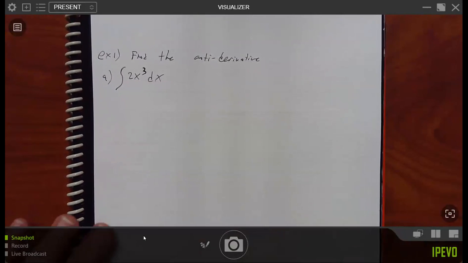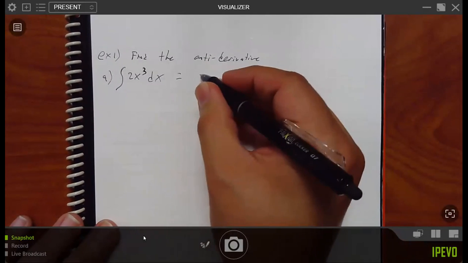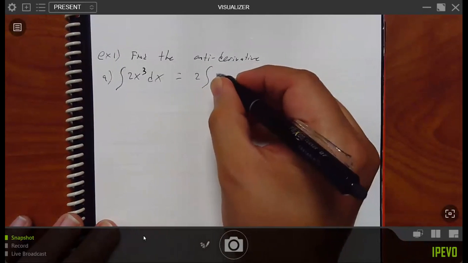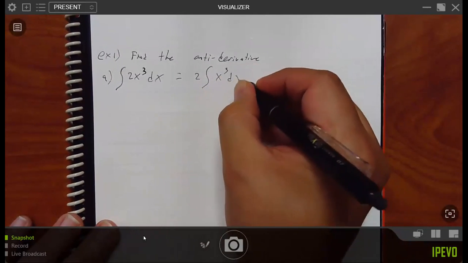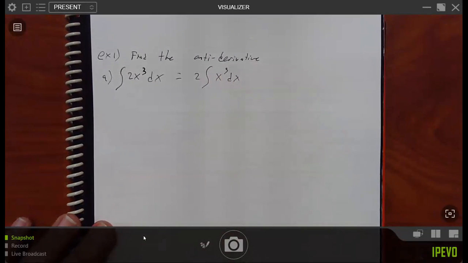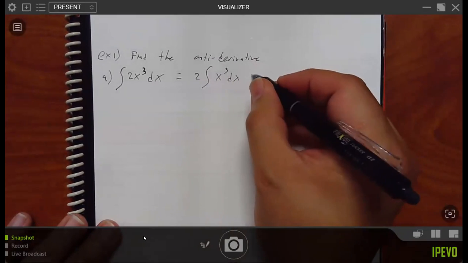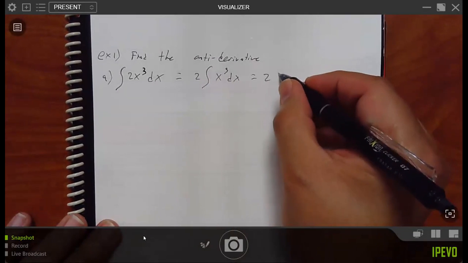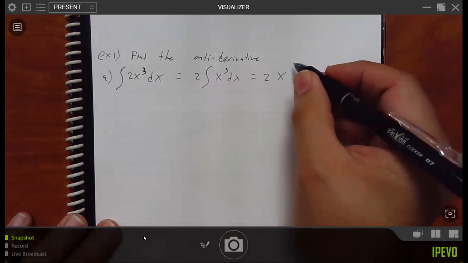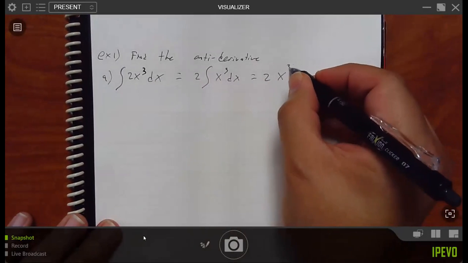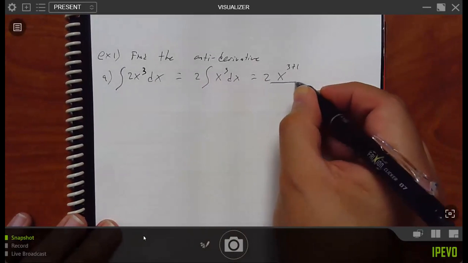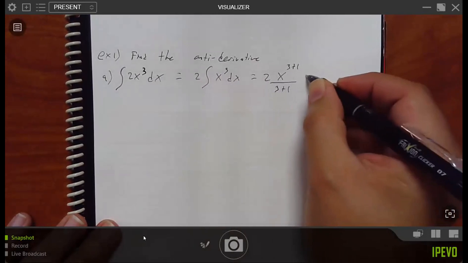Rule 3 says we can completely pull out that 2 and ignore it, right? Rule 5 says you apply the power rule for antiderivatives. That 2 is just going to be there till the end. So you add 1 and you divide by that same number.